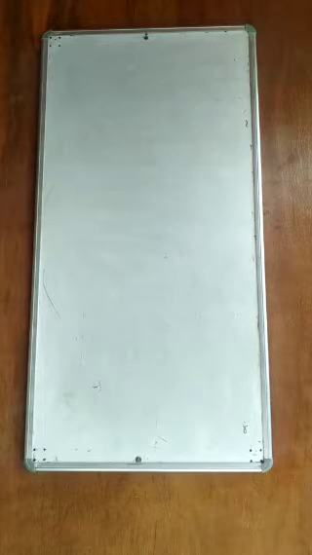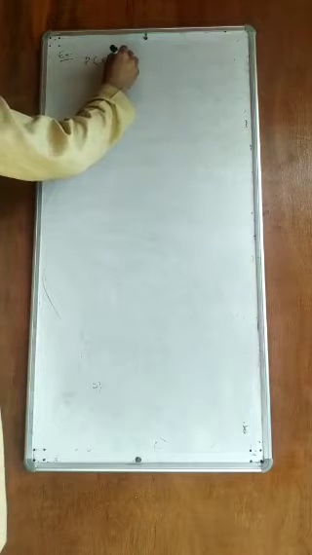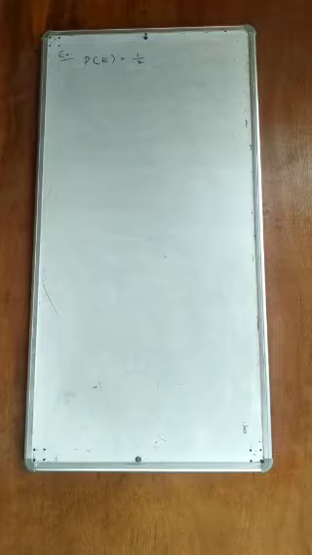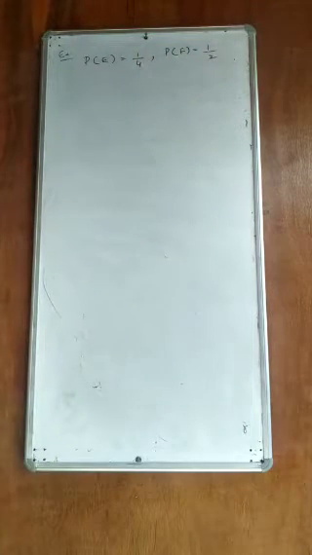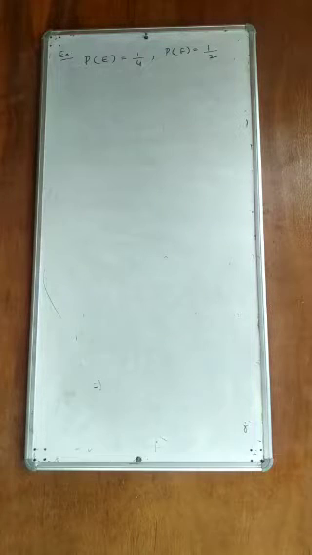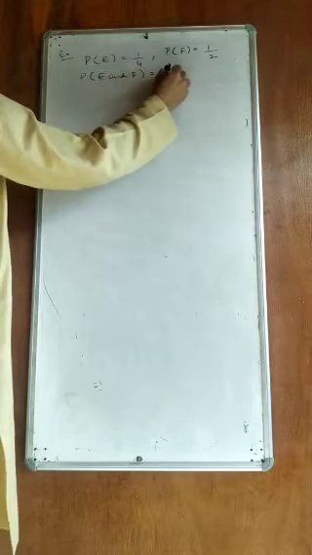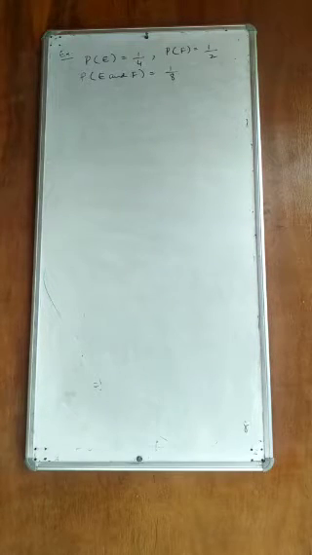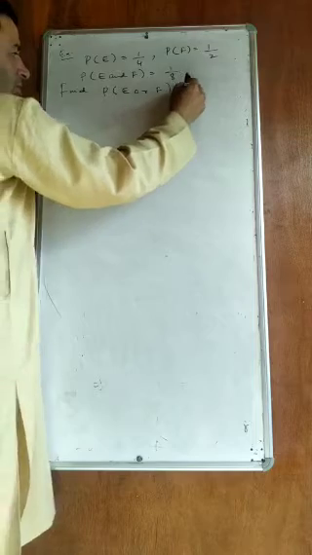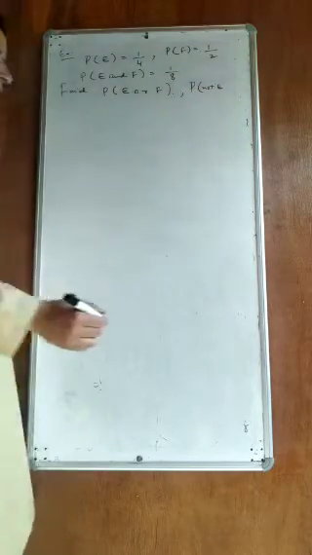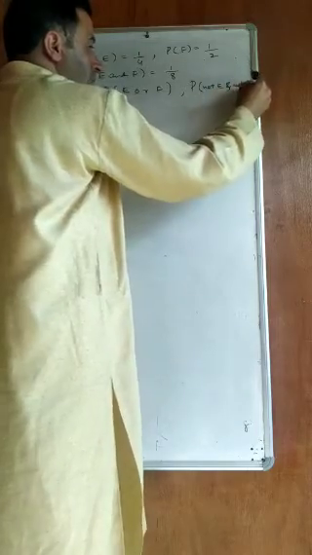If E and F are events such that the probability of E is 1 by 4, the probability of F is 1 by 2, and the probability of E and F is equal to 1 by 8, find the probability of E or F and the probability of not E and not F. You have to find these probabilities.